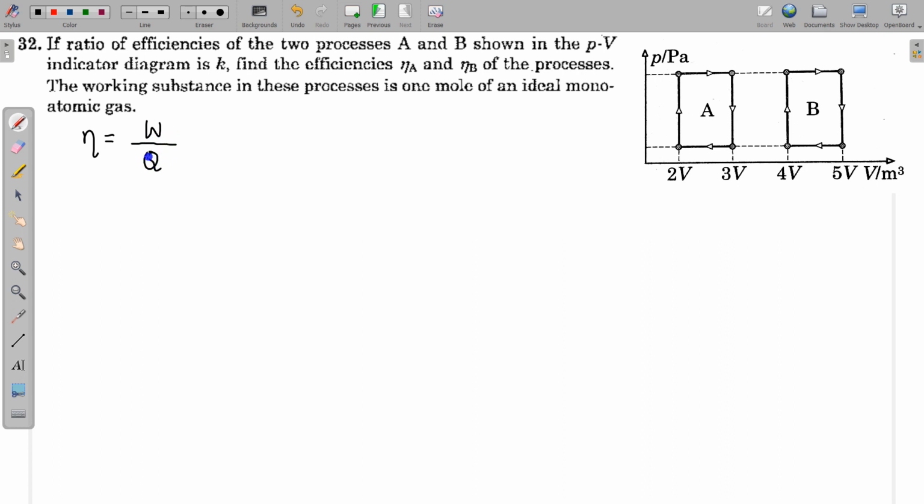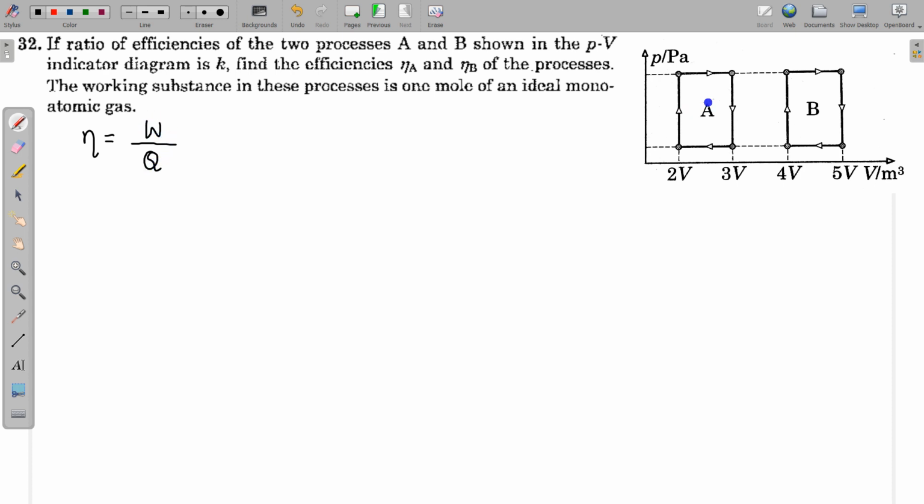So this ratio represents efficiency, and for this cyclic process, the net work done is equal to the net heat after considering both heat absorbed and heat released. So this is basically the net heat during the process, and this is only heat absorbed during the process.